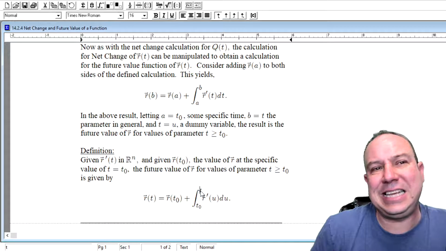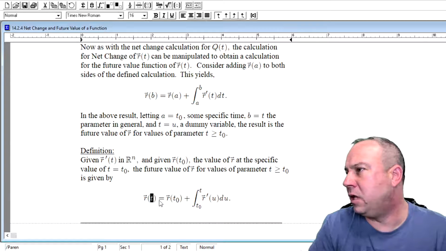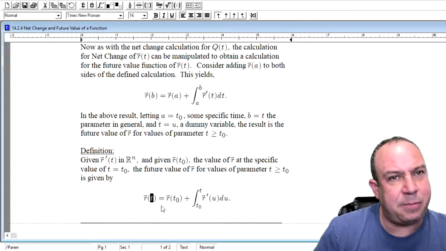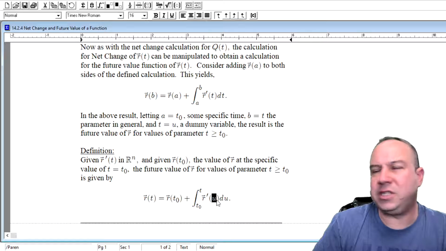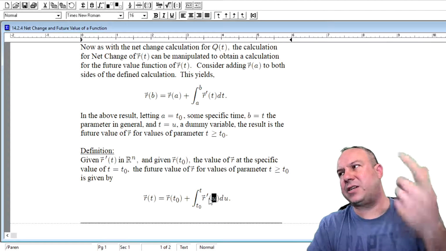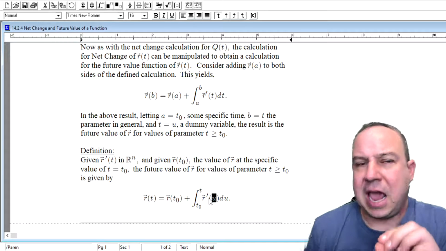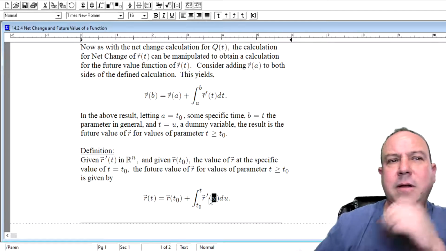Whereas little t, the upper bound, is going to play the role of the independent variable in our description of r bar of t. It's going to be that independent parameter. That's why u is needed as a dummy variable, because t is actually going to come back into the problem through the integration, and u is going to integrate itself out.